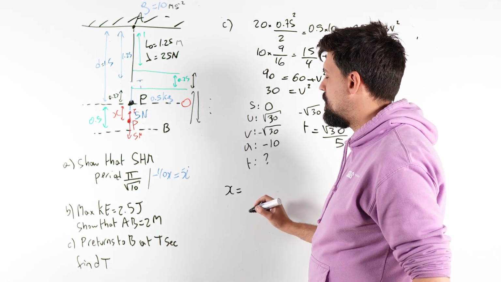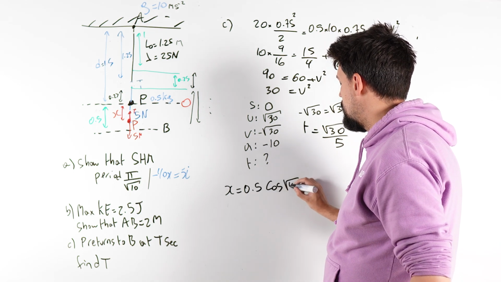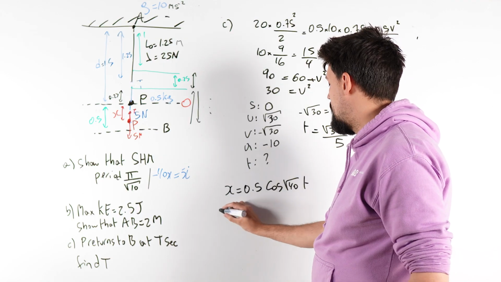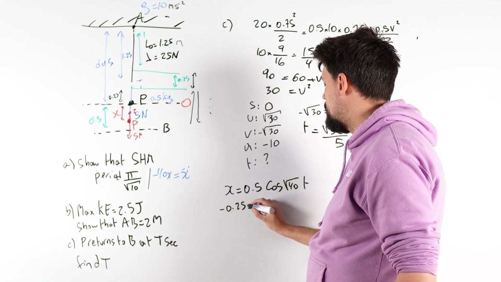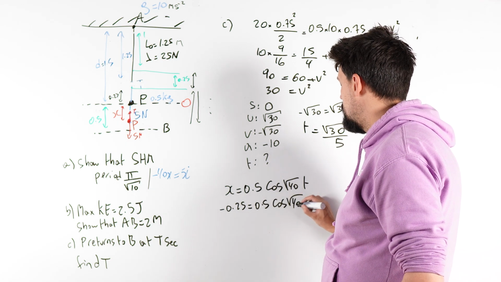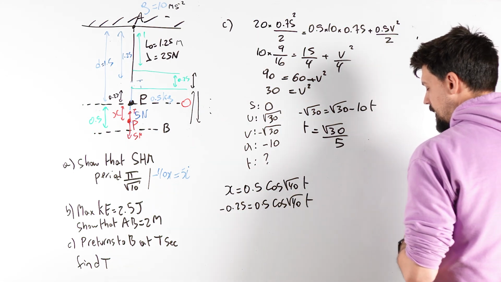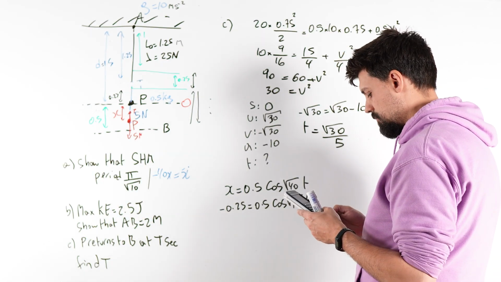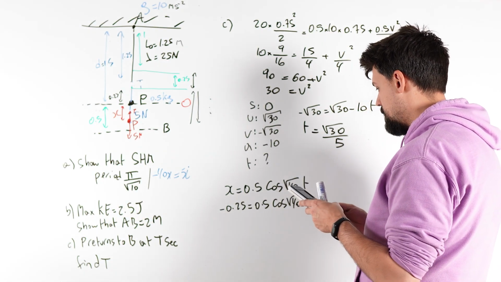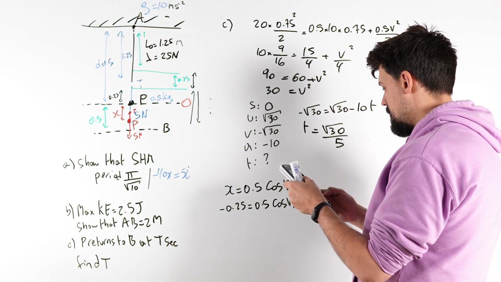X, the amplitude of my motion, is 0.5 cos of root 40t. We want to figure out how long it takes for me to get over there. So that's minus 0.25 is 0.5 cos root 40t. Minus 0.25 divided by 0.5. Shift cos of answer.